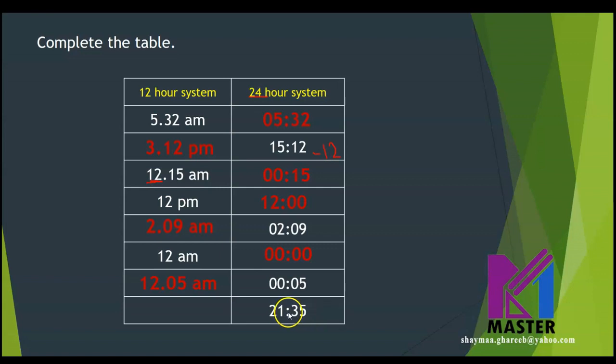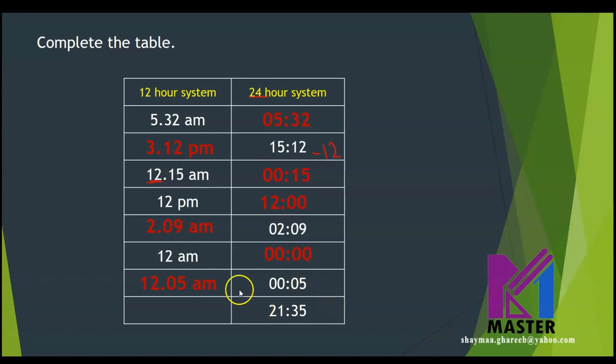21 in the hours and 35 in the minutes. So which means 25 minutes to 22 or 35 minutes past 21. So the 21 is greater or bigger than 13. So I will take 12 hours from the number of hours.